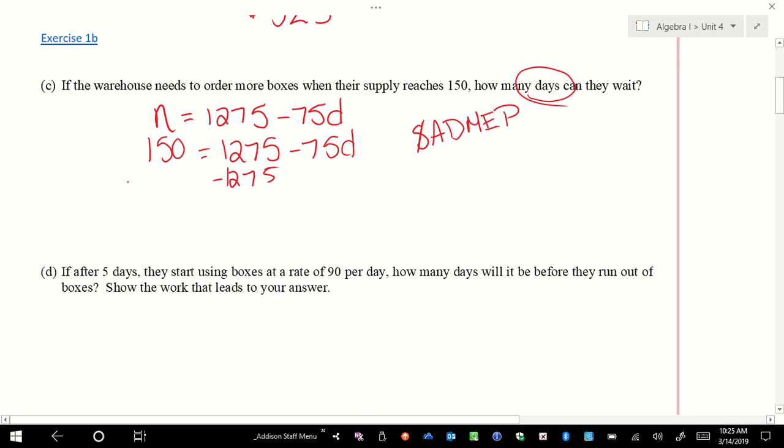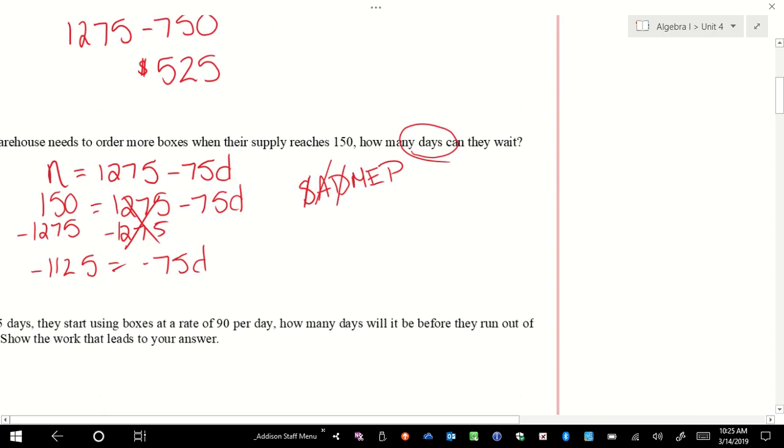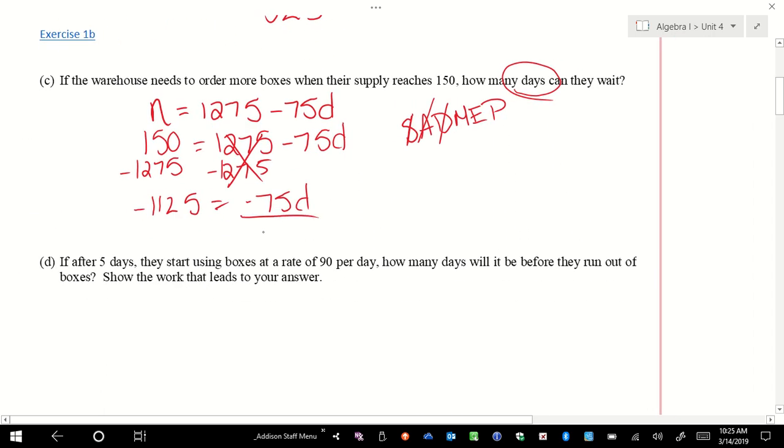So we subtract 1,275 from both sides. That gives me negative 1,125. Crosses out, negative 75D. Addition's gone. No division. There is multiplication. Divide by the negative 75. D equals 15 days.